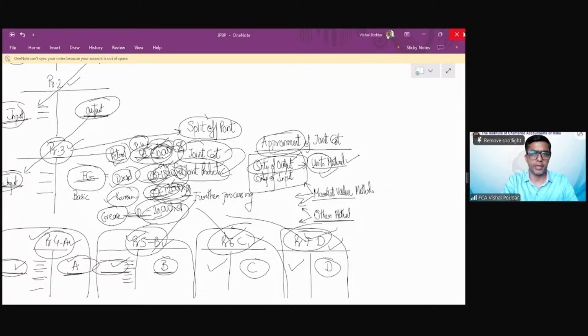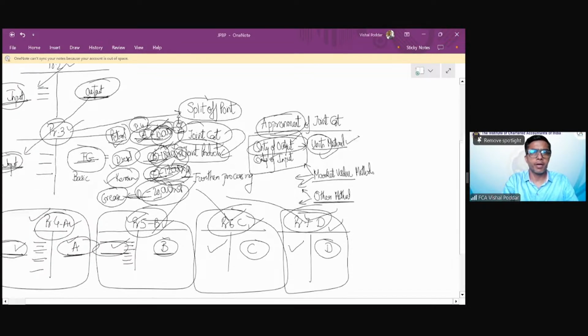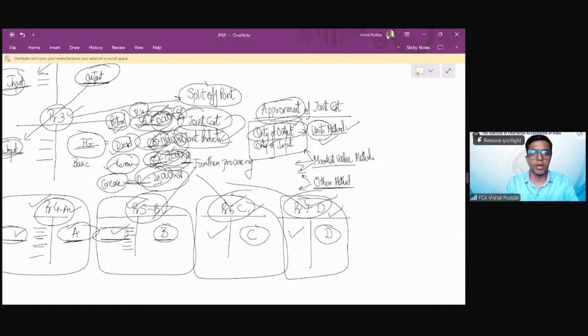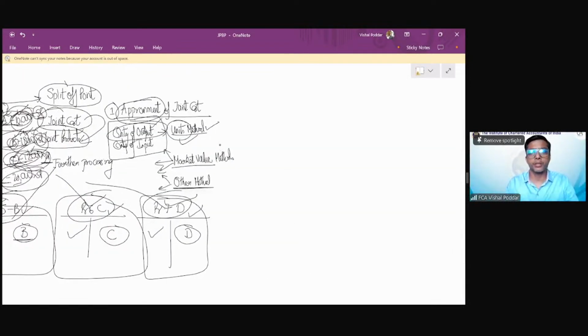But before that, I said that we have to do different things in this chapter. The first thing is to apportion the joint cost by one of these methods.